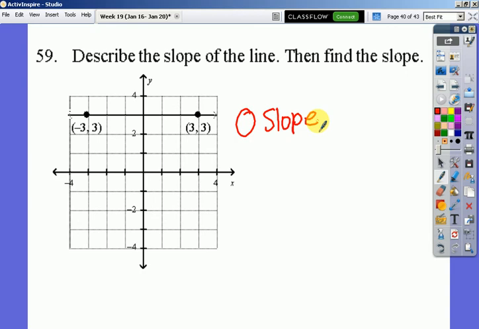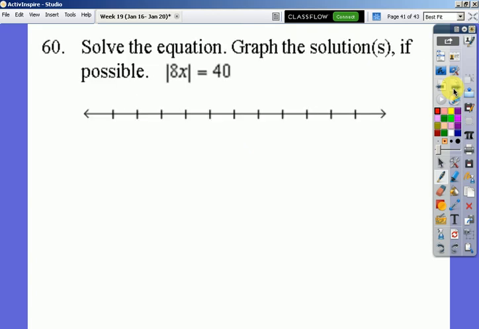The last one. Let's see what they throw at us here. Solve the equation, graph the solutions if possible. Give that a try, please. How do I solve this? Split it into two, so what will that look like?